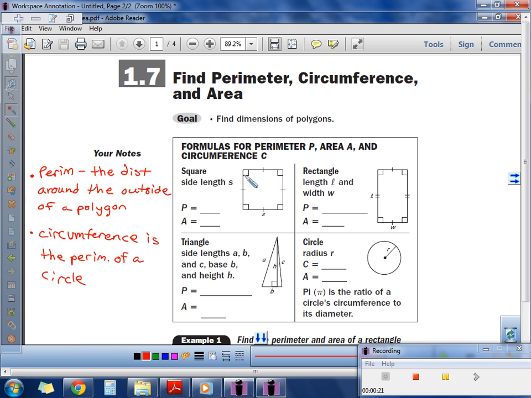For instance, on this square, if I just said these were units, we would say how many of these little squares fit inside that shape? So we would draw a grid and we'd keep going, and we would say how many of those units fit inside? That is area. So how many square units fit inside a shape?